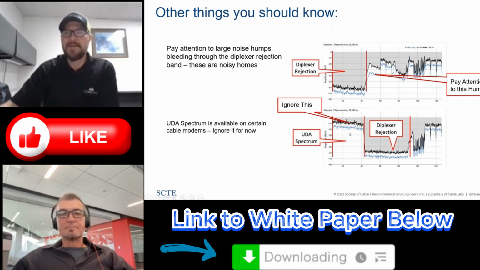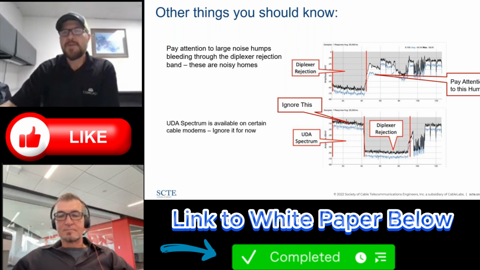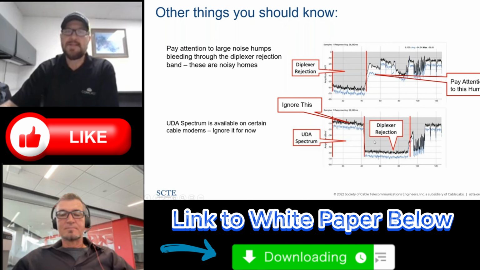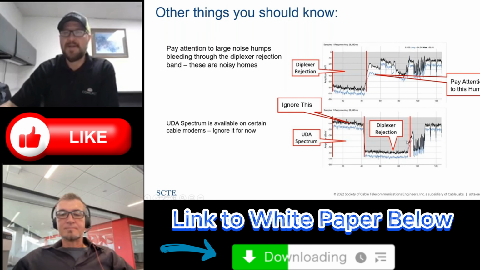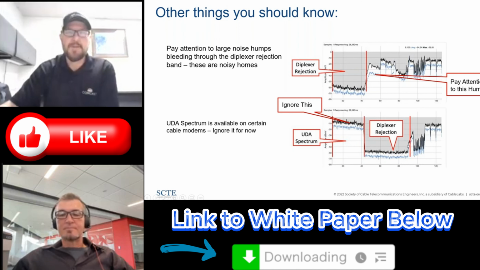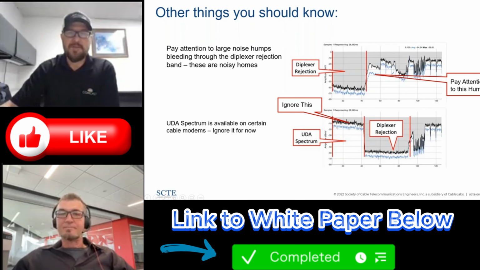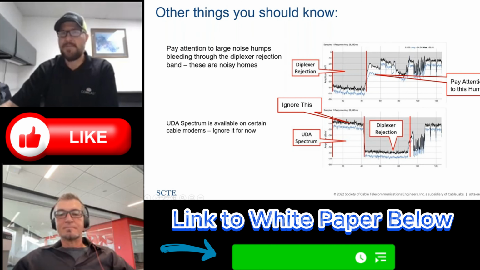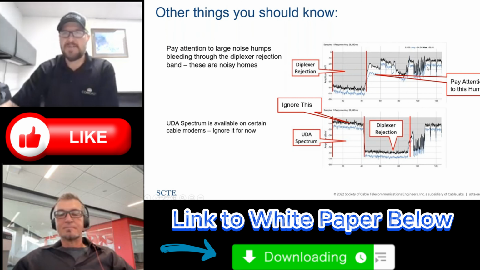It's very manufacturer specific based on the chipsets that are in the device. So you may look at one DOCSIS 3.1 wireless gateway and see this, and look at another one and not see anything at all. But the diplexer rejection, if they're set into mid-split mode, could be out to 85 megahertz for both of them. The other information that's in here that's super useful is this FM ingress between 87.9 and 107.9 megahertz on both of these devices.